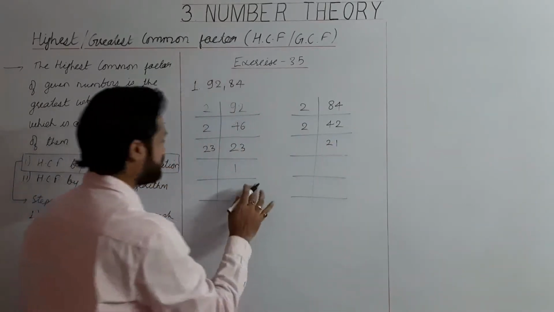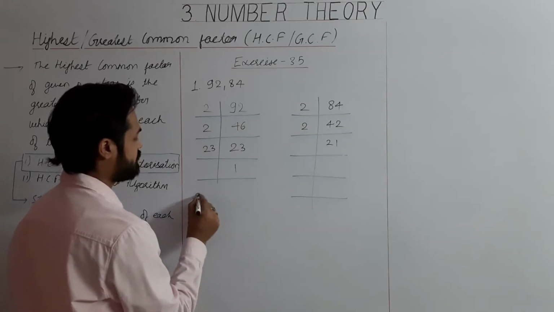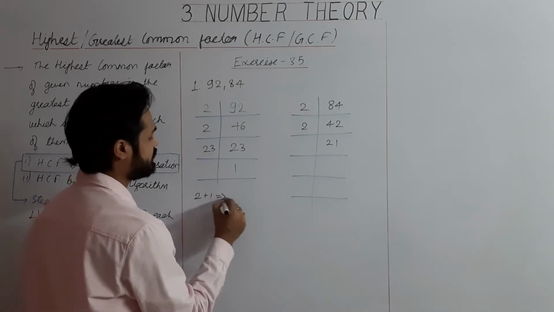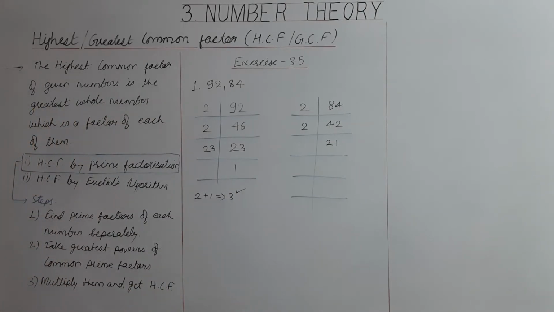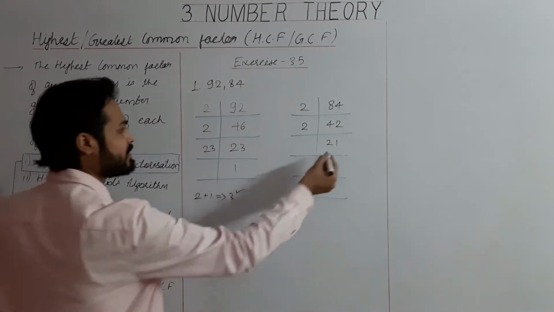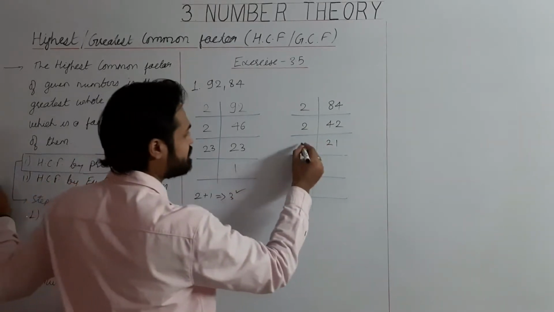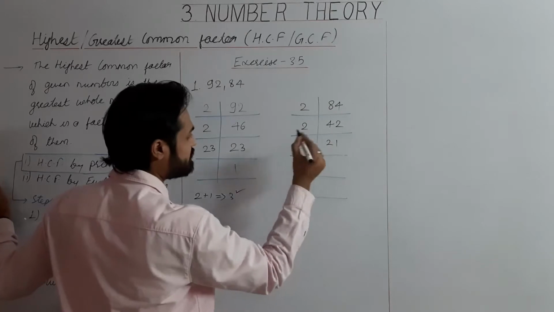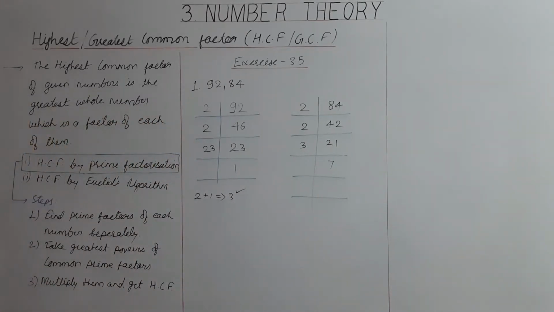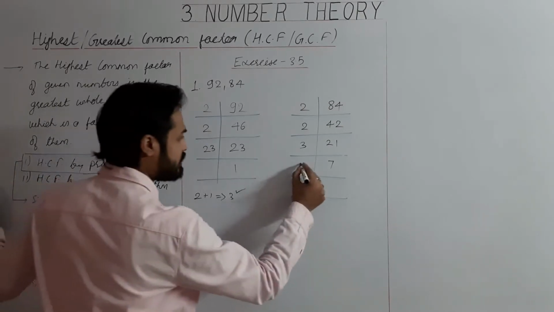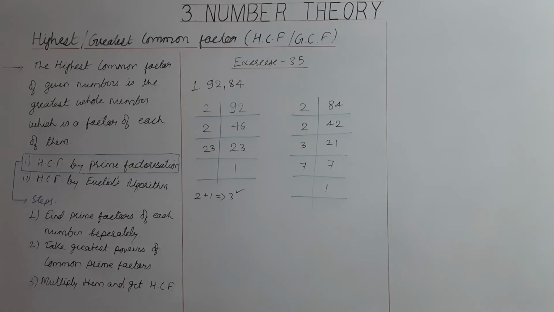We have to check its divisibility by 3. 2 plus 1 is 3, which is divisible by 3. So we can say that 21 is divisible by 3. We will get 7. Now 7 is also a prime number, so we will get 1.